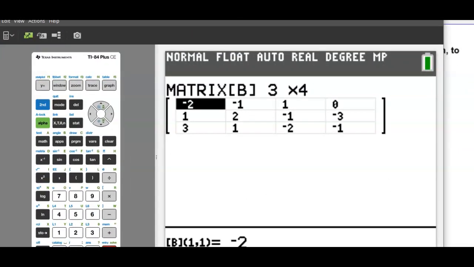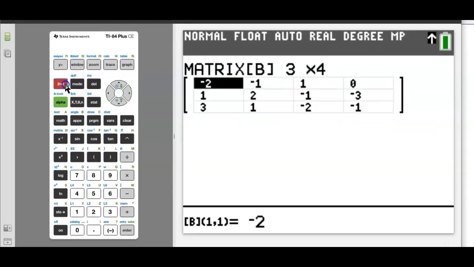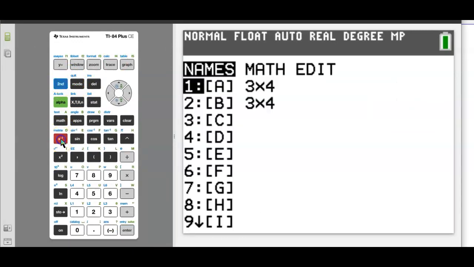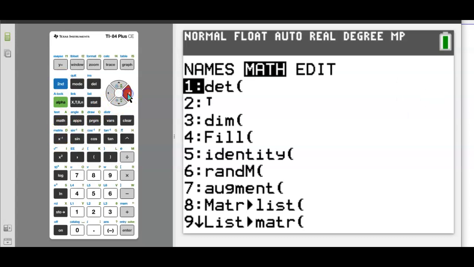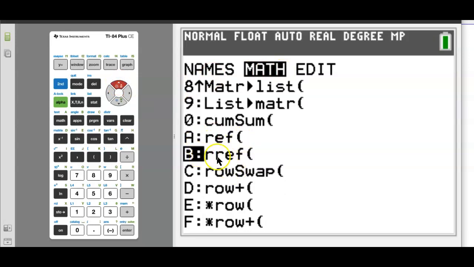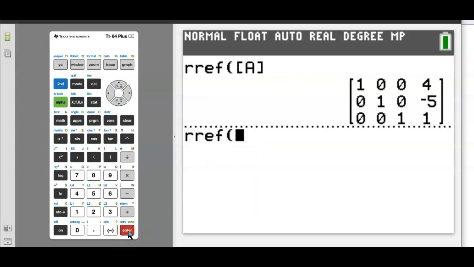Seems right. Okay, then I have to quit second mode, go back into matrix, second matrix, but go to the math. I want to perform some math on one. Find RREF, not just REF. You want the one that says reduced row echelon form, otherwise it won't completely reduce it.